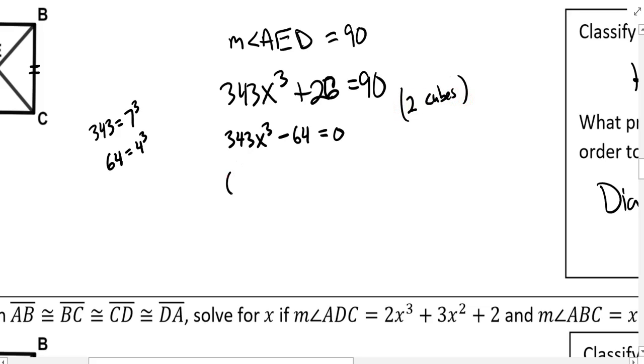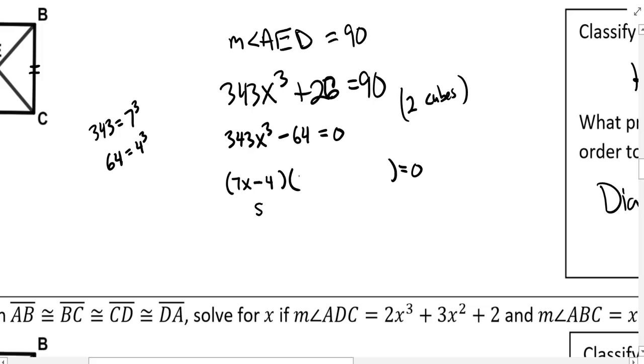And so we're going to factor it as such. The cube root of 343x to the third is 7x, minus, because I'm using the same sign, the cube root of 64 is 4. So 7x minus 4 is our first factor. To come up with the second factor, we take the 7x times itself.